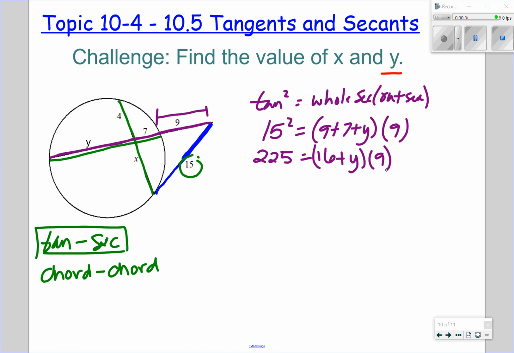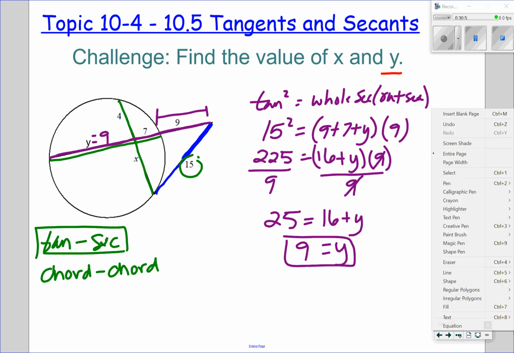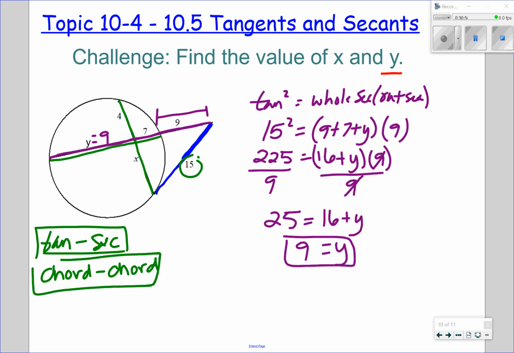I'm going to go ahead and divide by 9 on both sides instead of distributing. So 225 divided by 9 gives me 25. This would be 25 equals 16 plus y. Subtract your 16 over, and y equals 9. So now that y equals 9, now I can move to my chord-chord relationship.